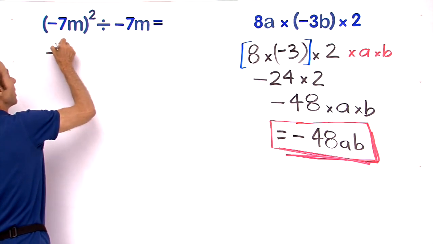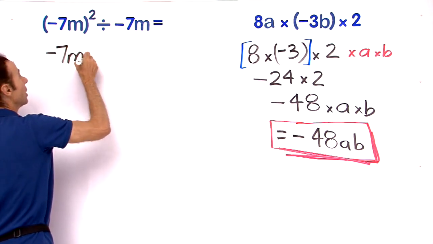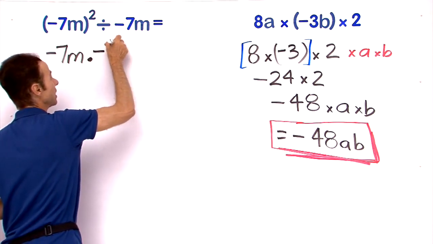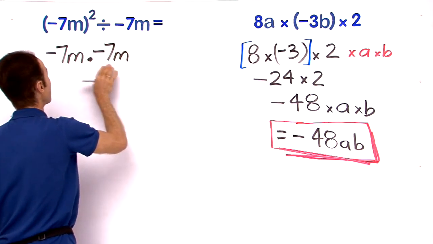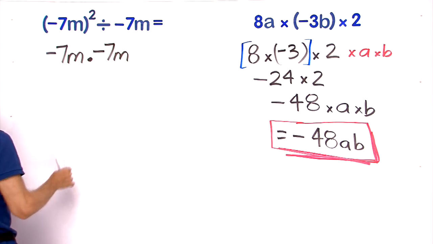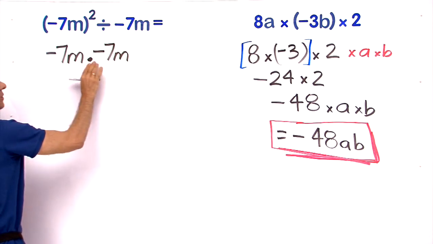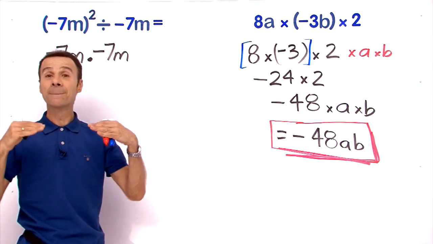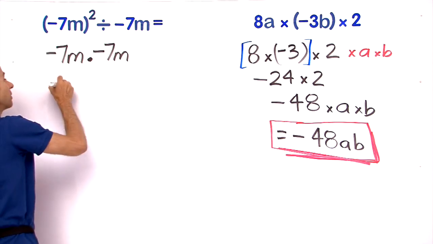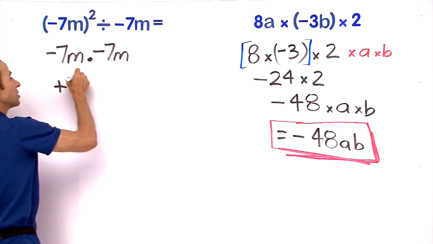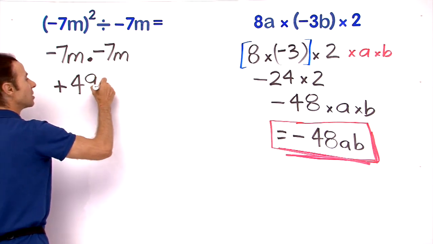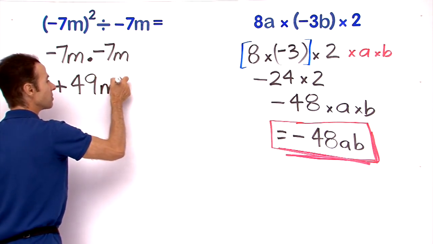It's the same as saying negative 7m multiplied, that dot means multiply, another negative 7m. So let's work with that. First, we recognize that we have a negative times a negative, and two negatives, when you multiply, turn into a positive. So it's going to be positive. 7 times 7 is 49, and m times m is m to the power of 2, or m squared.